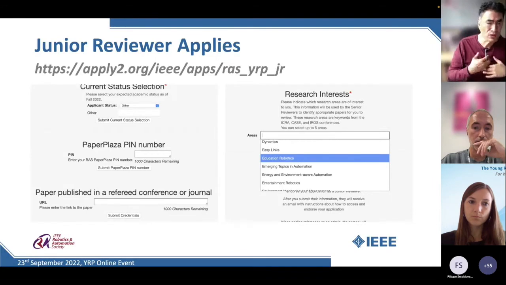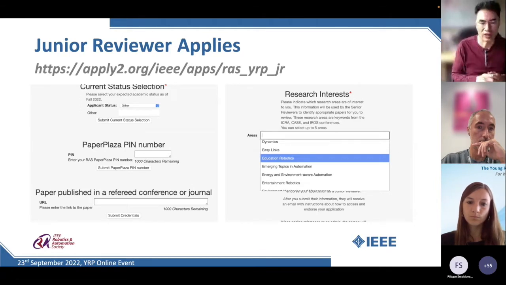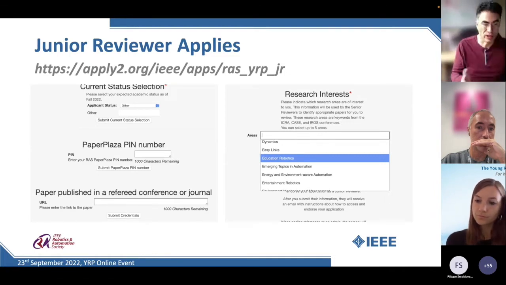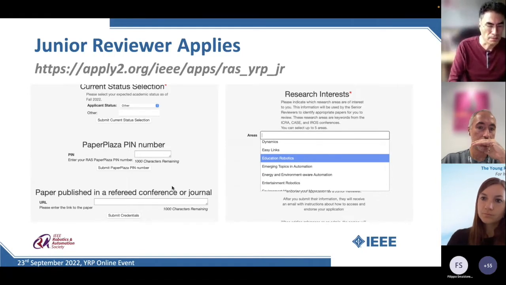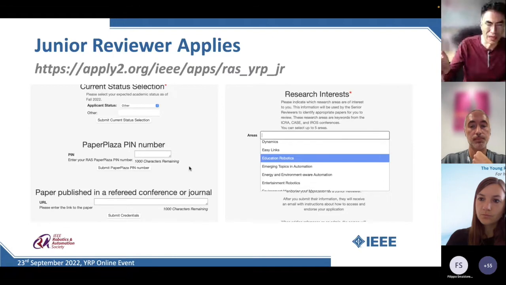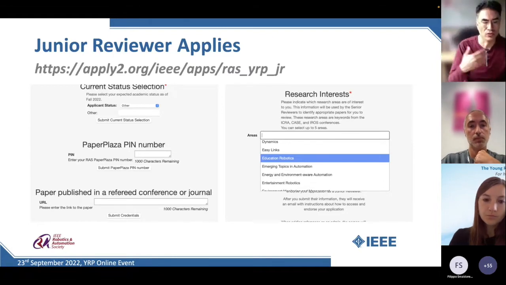But if you want to help people who want to participate as reviewers and want mentors for reviewing, then you will be able to find them because they will provide their research keywords, and you will be able to find those that match your expertise within a single system. You can still delegate the review in Paper Plaza, but here is more a way to connect people.